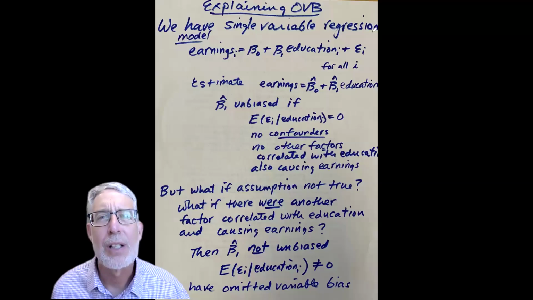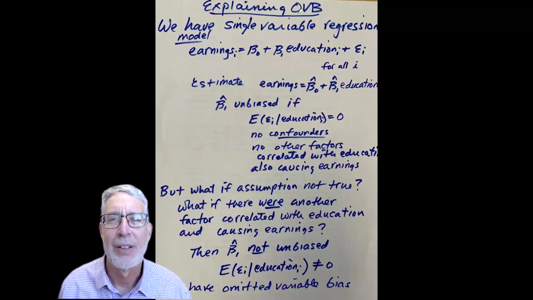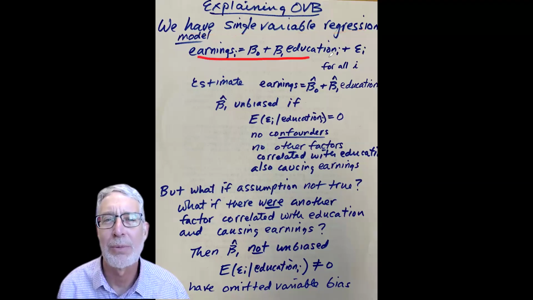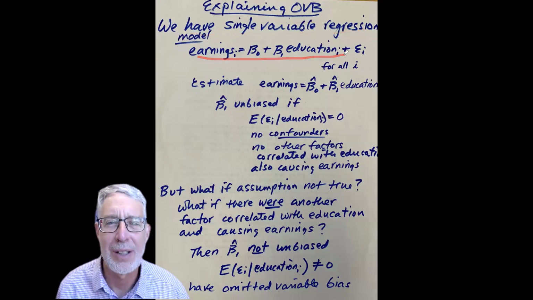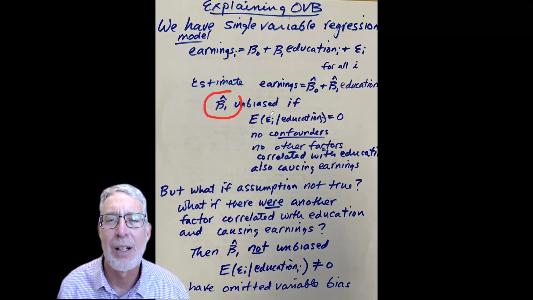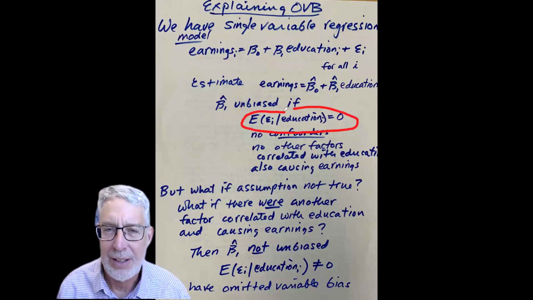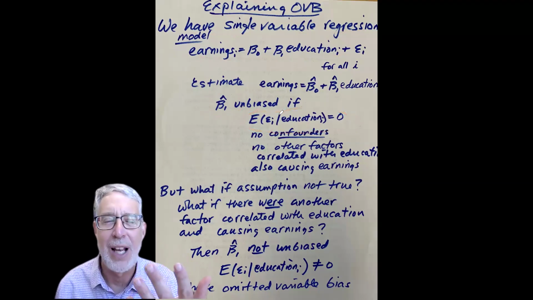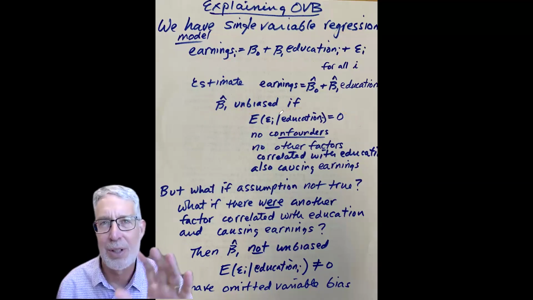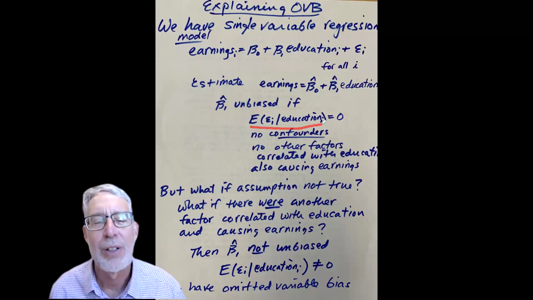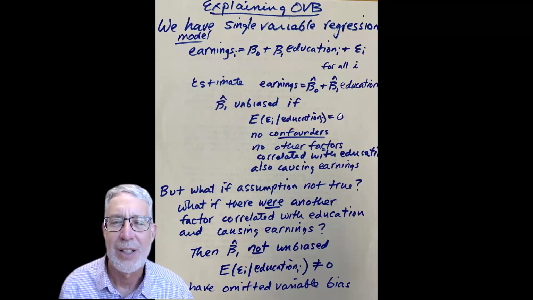Okay, we can continue with part two of our discussion of omitted variable bias. So the context is we're imagining a single variable regression model where earnings depends on education. Our assumption is that beta 1 is unbiased if the expected value of the error term, which includes all other factors, that is, other variables that are affecting the outcome, conditional on the level of education is equal to zero.